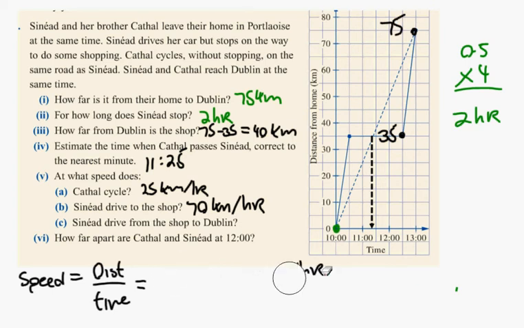She travelled 40 kilometres in that half an hour. By Aaron's logic, if you double that, that's 80 kilometres in 1 hour, which is perfect. Other people might just say 40 kilometres divided by half an hour gives me 80 kilometres per hour.